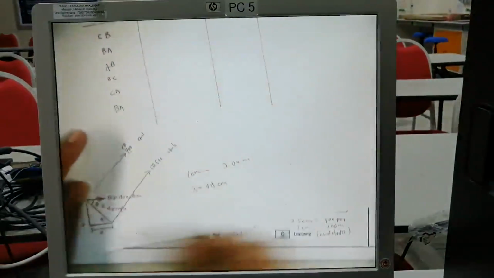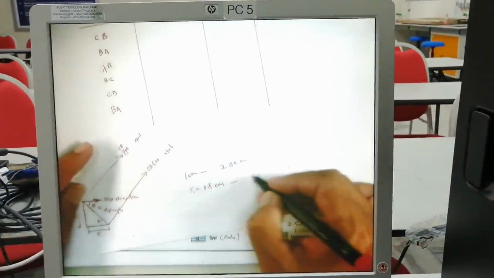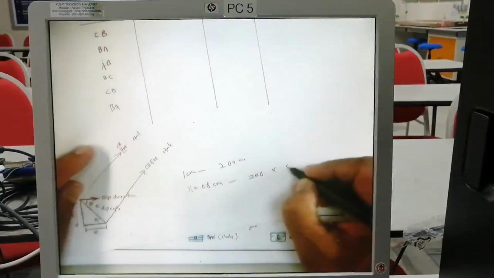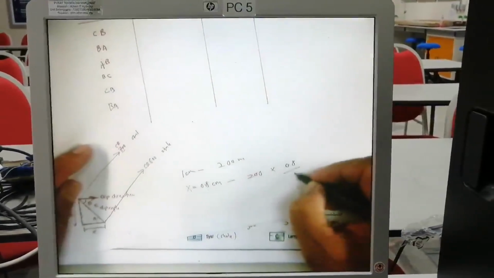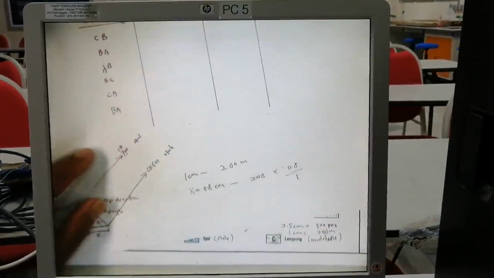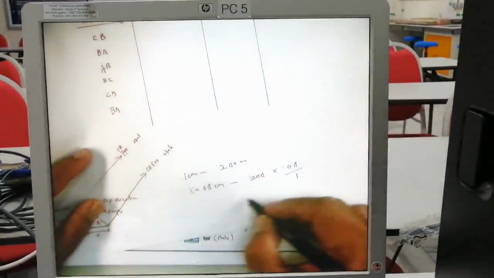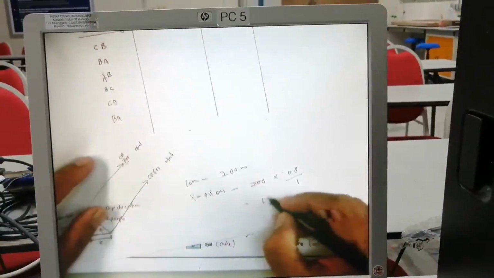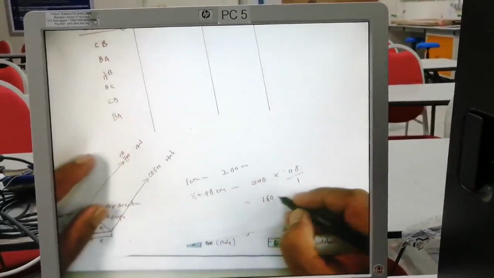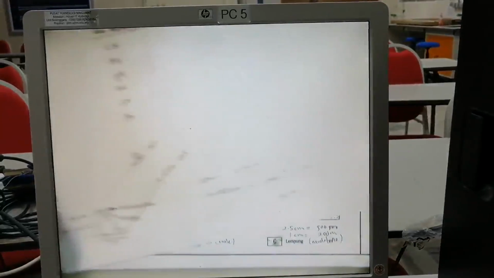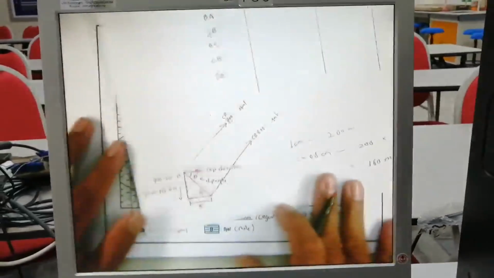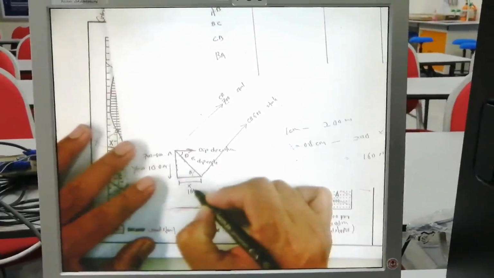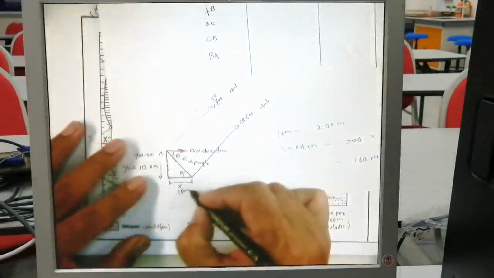In my case, 0.8 centimeter is 200 times 0.8 divided by 1, so 200 times 0.8 is 160 meter. So x here is 160 meter.